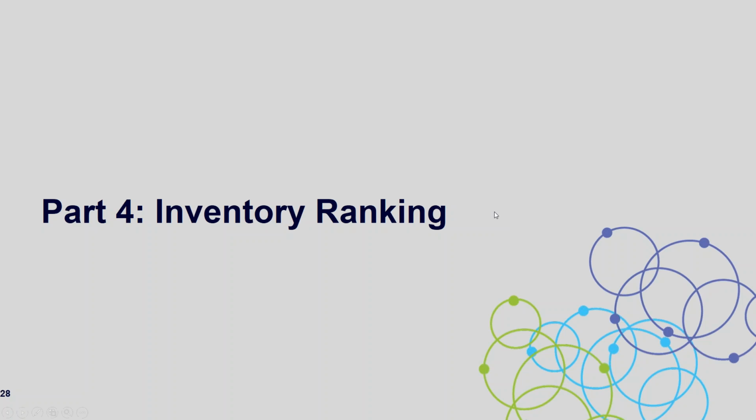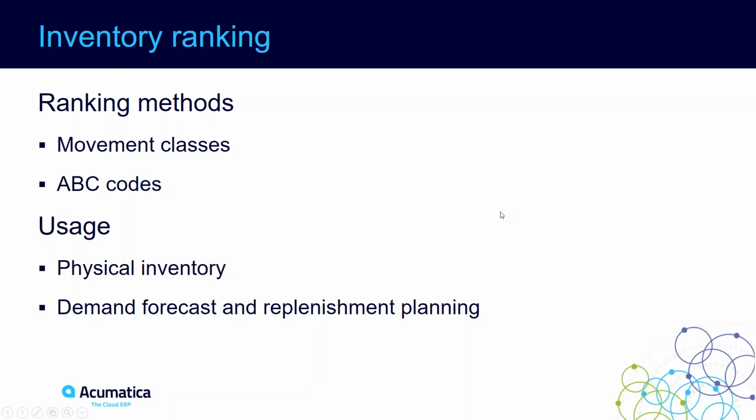Okay, so let's start with a little bit of concepts. Inventory ranking is mostly used by companies that have an important volume of items, important volume of locations, warehouses, and so on.